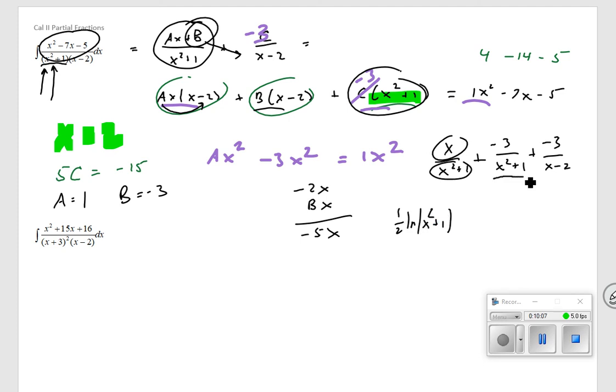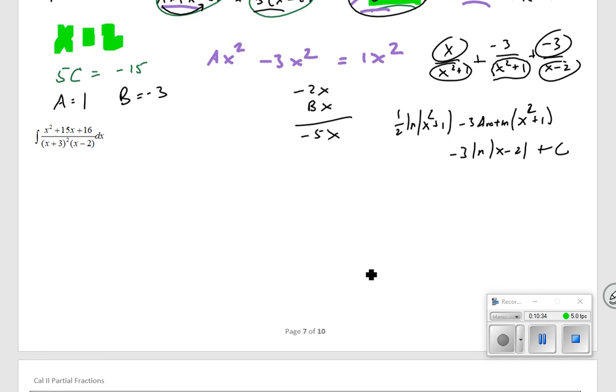And that doesn't fit a u du, but that's 3 arctan. Remember your arctan function. You don't need absolute values there because that's always going to be positive. And if that's u, that's negative 3 dus plus a constant. So that's how you do it when you have an irreducible factor.